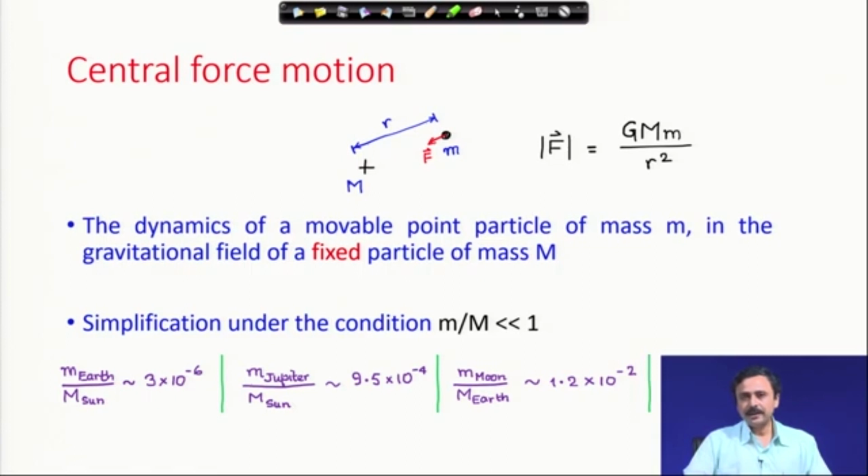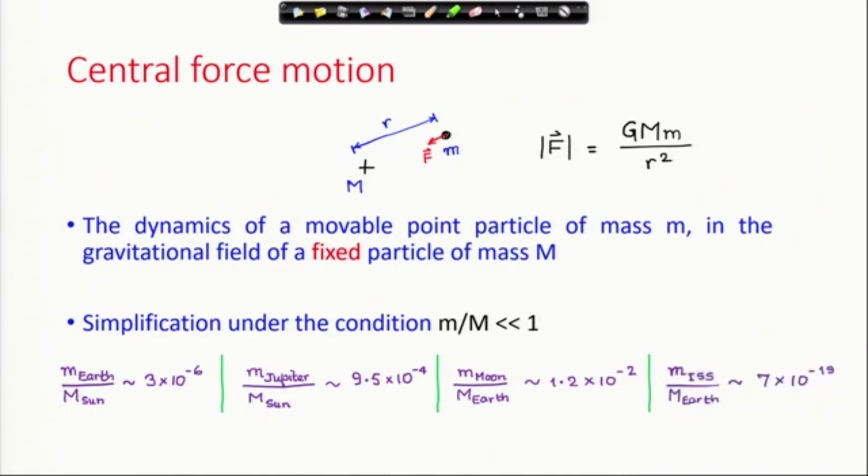If you take the International Space Station, which is the largest man-made structure orbiting the Earth, the mass of the International Space Station by mass of Earth is 7 into 10 to the power minus 19, which is quite small. Therefore, I can study the trajectory of the International Space Station with the Earth as a fixed central gravitating object.